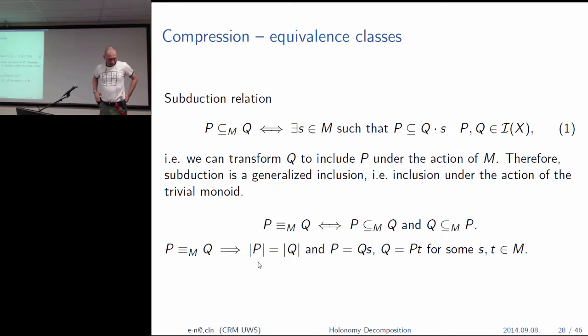And we say that P is subduction related to Q when you can transform Q by the transformation semigroup, denoted by M here, the monoid, because we need the identity, to include P. So it's like the inclusion order, but you are allowed to cheat. So P is either a subset of Q, or you can manipulate Q somehow to contain P. Okay?